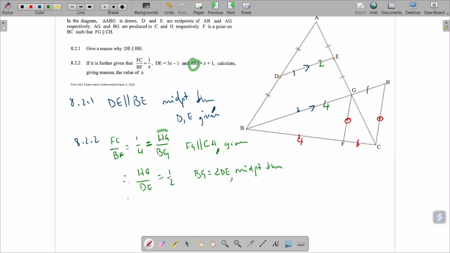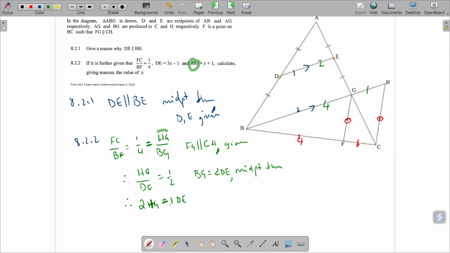So what we now know is that, therefore, HG to DE is correct. So therefore, 2 HGs is equal to 1 DE. We've cross multiplied.